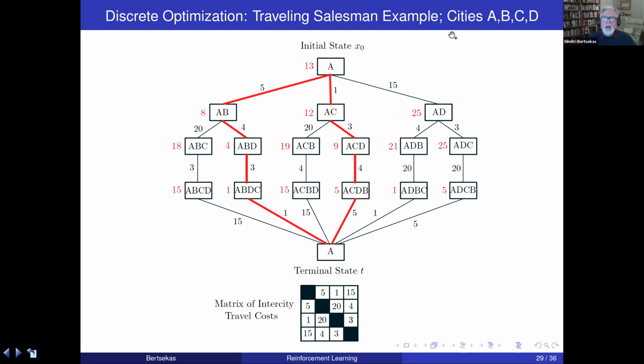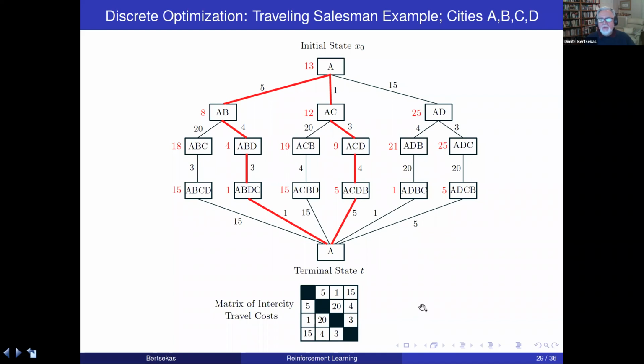So in the context of this example, we have 4 cities, A, B, C, D, and here is the matrix of inter-city travel costs. First, to go from city A to city D, there's a cost of 15. To go to city C is a cost of 1, and so on. So this gives you the matrix of costs.